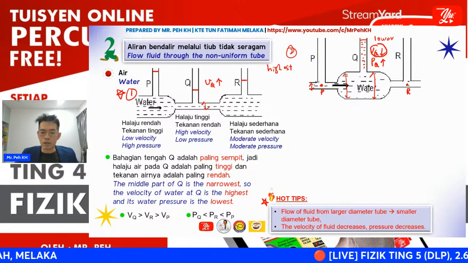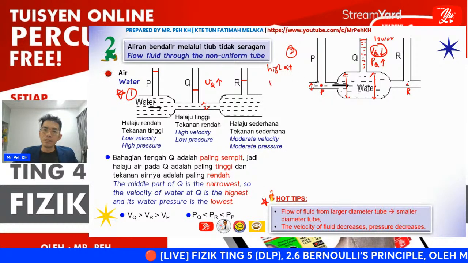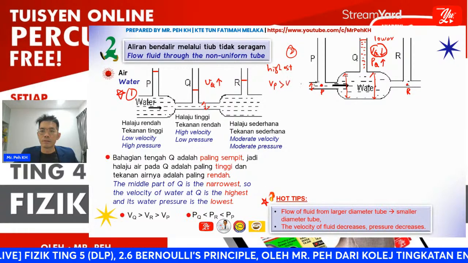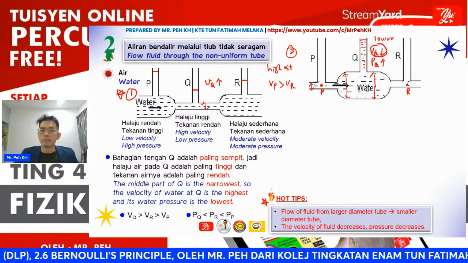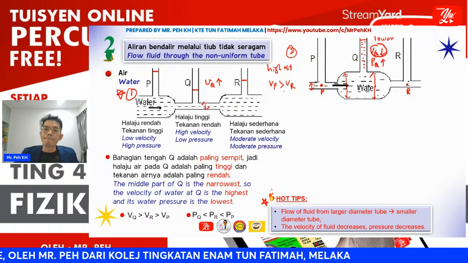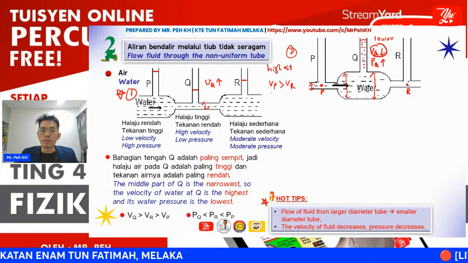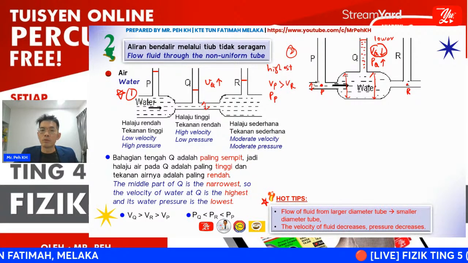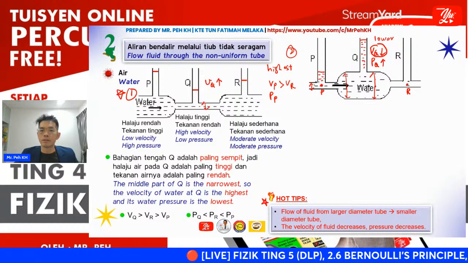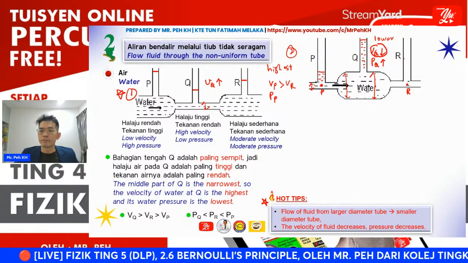According to the hot tips we discussed just now, the speed of P will be higher than R. So P will have the highest speed, then the pressure at P will be the lowest. So R will be in between.